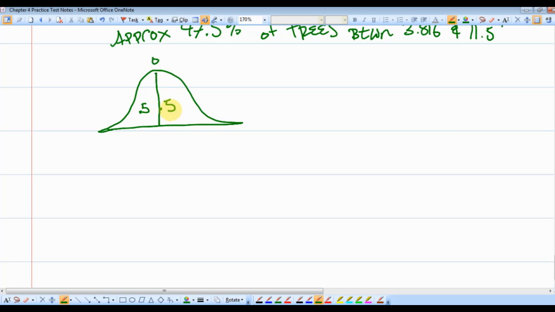Okay, I get it. And then remember at a z-score of 1, this is 0.68 and this is 0.14. 0.14. That's too small.